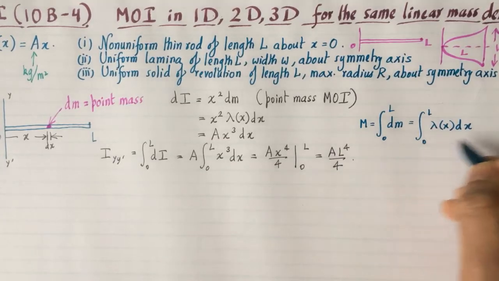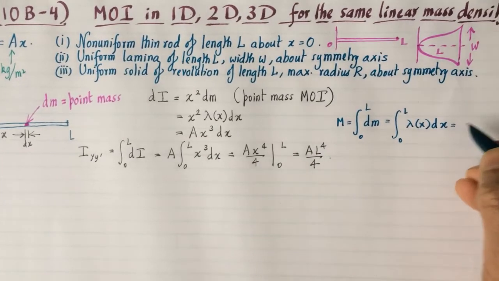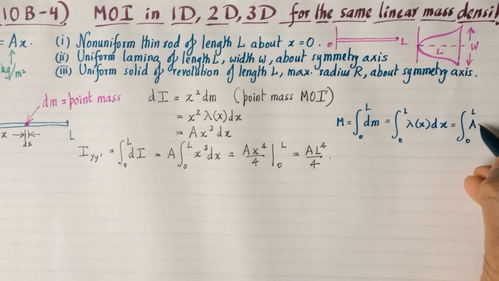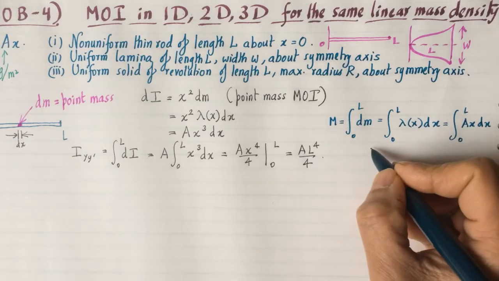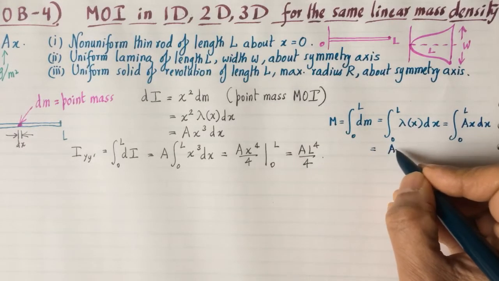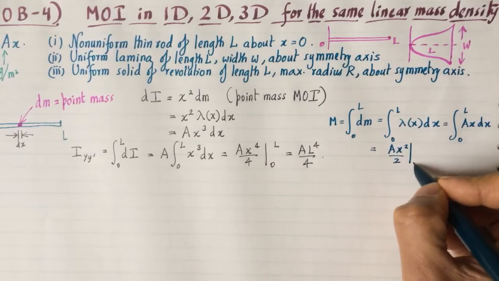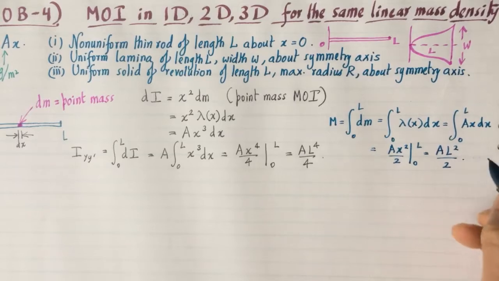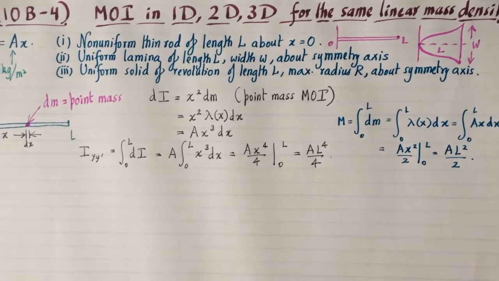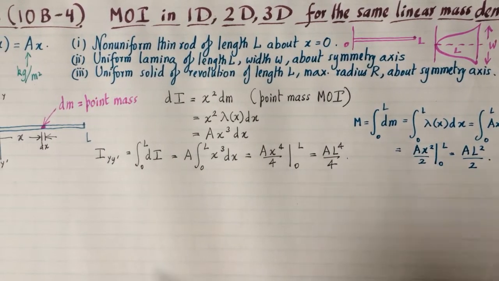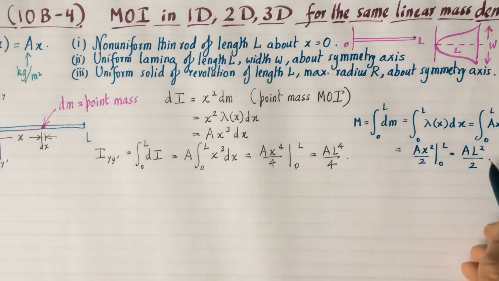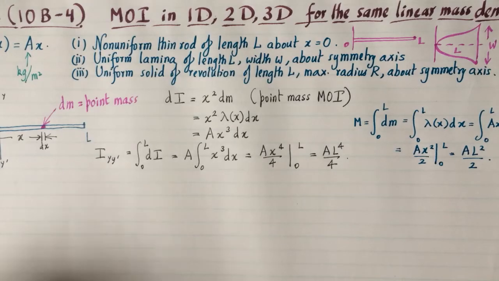Well, it's given to be ax in our case, so it's the integral from 0 to L of ax dx, and if you carry out the integration, that's just ax squared over 2 from 0 to L, and that's A L squared over 2. Observe that the units do make sense because the units of A are kg per meter squared, so kg per meter squared times meter squared is kg, so that looks like a good answer.